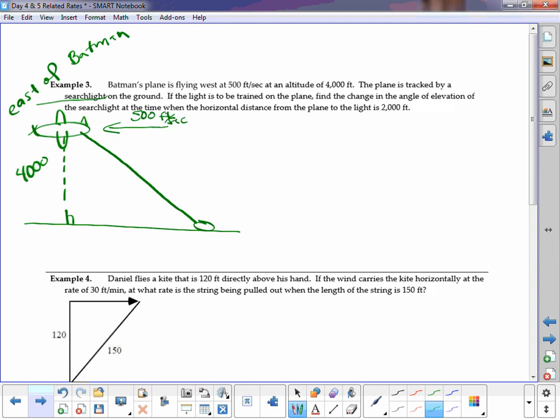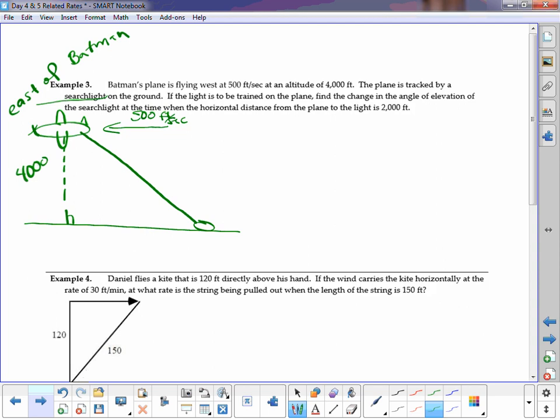Now, is that rate of 500 feet per second going to be negative or positive? Remember, a rate should be positive if the distance is increasing, negative if the distance is decreasing. So don't let the fact that we're going west mess with you.